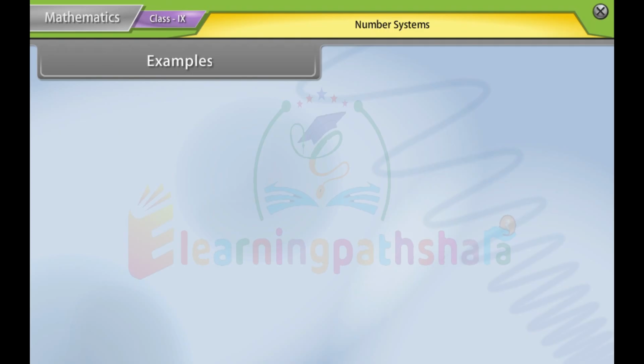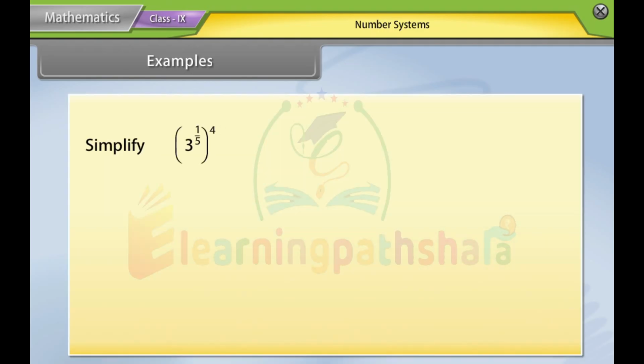Examples. Now let's solve some examples using these identities. Let's simplify the first one. 3 raised to the power 1 by 5, whole raised to the power 4. By multiplying 1 by 5 by 4, we get 4 by 5. So its answer is 3 raised to the power 4 by 5.